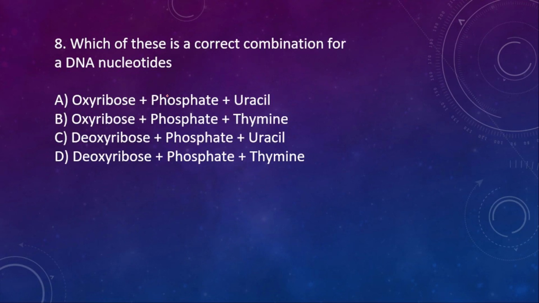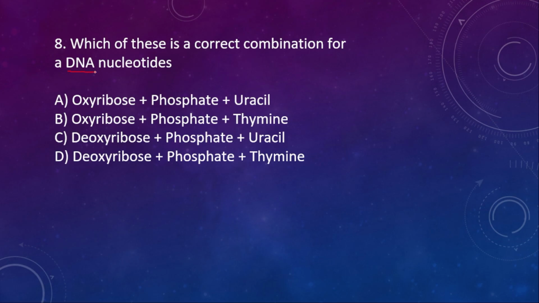Which of these is a correct combination for the DNA nucleotide? Options: A. ribose phosphate plus uracil.